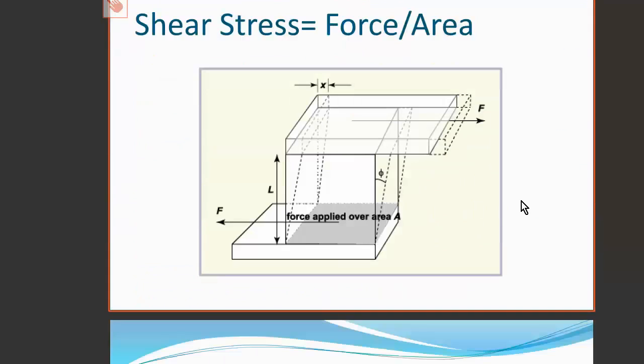Let's look at an example of shear. Let's say I have a material like so, and let's put this as 0.1 of an inch, and this side is also 0.1 of an inch. And let's apply a force within the plane of the shaded area of 1,000 pounds.